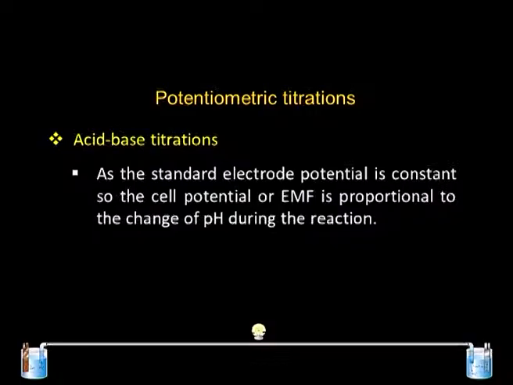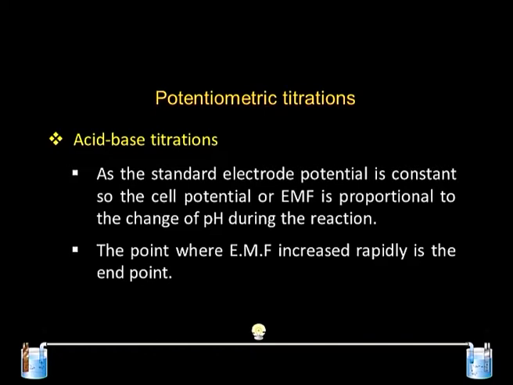As the standard electrode potential is constant, the cell potential or EMF is proportional to the change of pH during the reaction. The point where EMF increases rapidly is considered the end point of the titration.